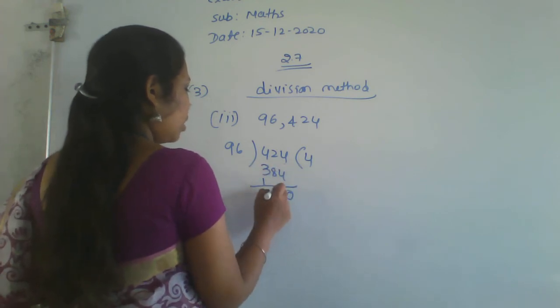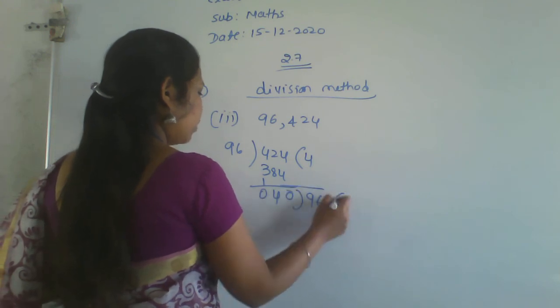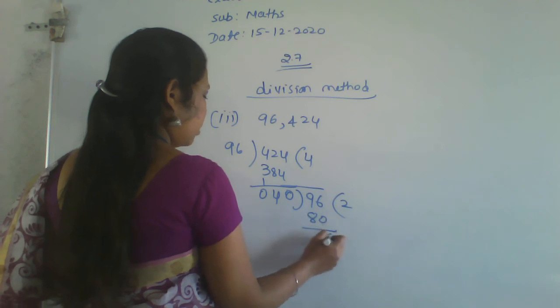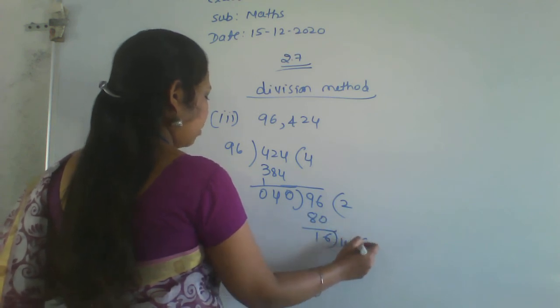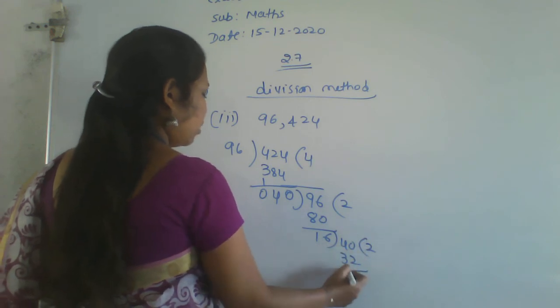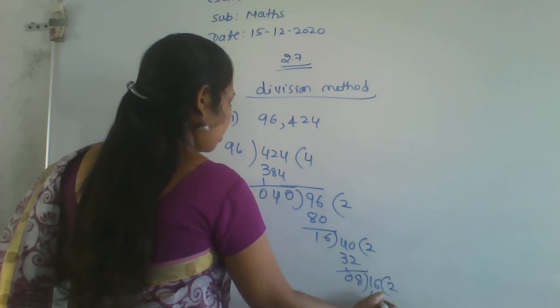Next divide 96 by 40. 40 twos are 80, remainder 16. Next divide 40 by 16. 16 twos are 32, we got 8 here. Next divide 16 by 8. 8 twos are 16.